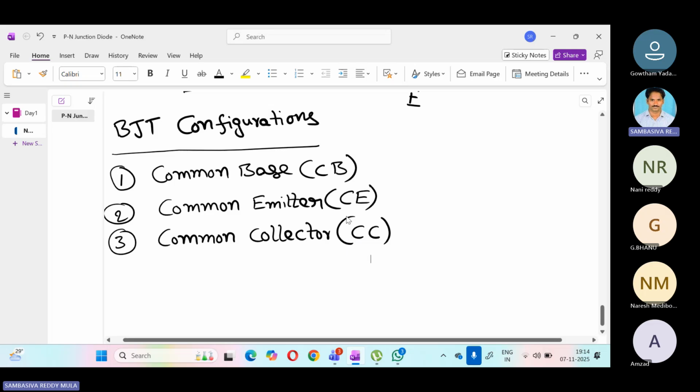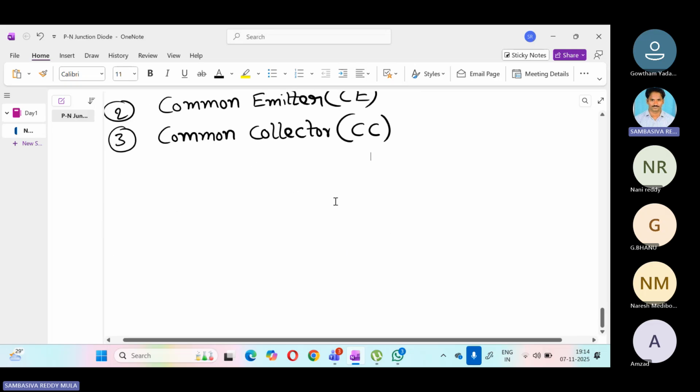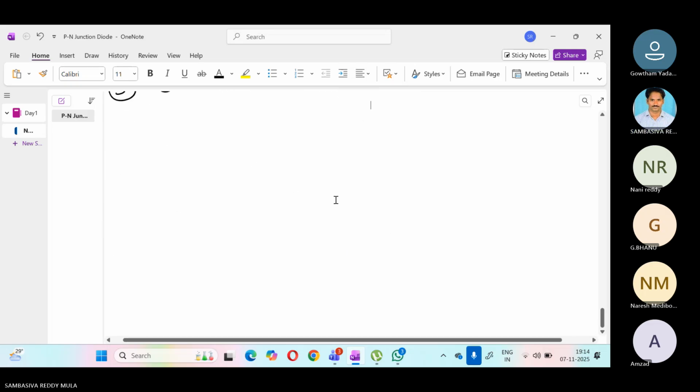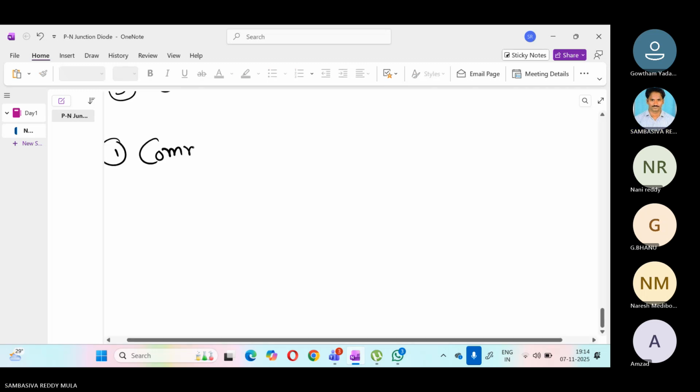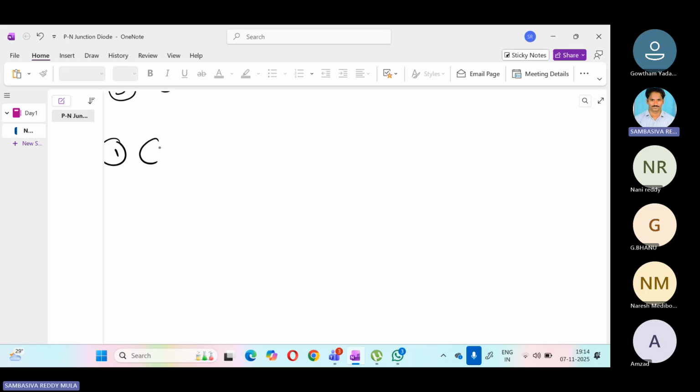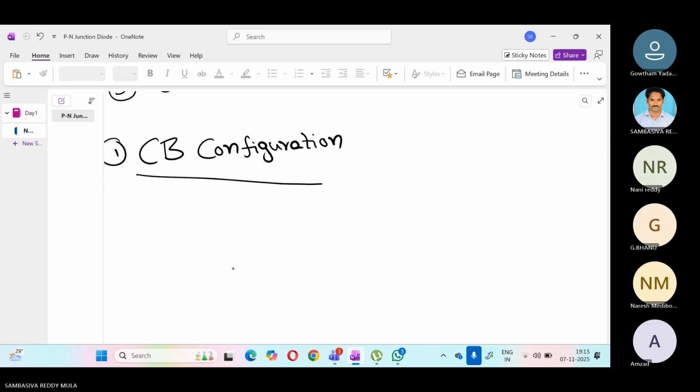So let us discuss these three configurations. First one, common base configuration. We have understood what we mean by common base. So the CB configuration of the transistor.